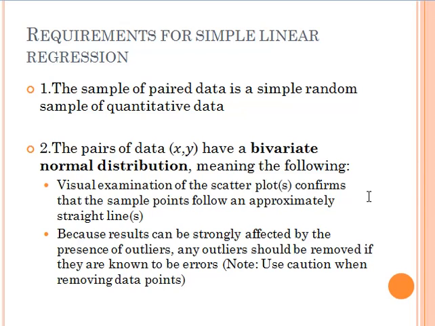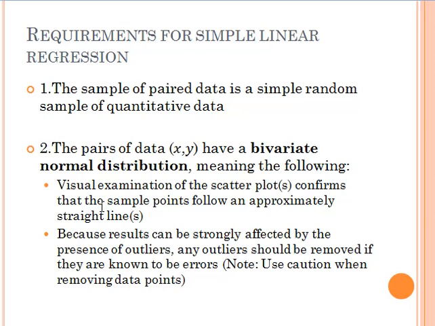Number one is that visual examination of scatter plots confirms that the sample points follow an approximately straight line. So if I look visually at the scatter plot of my data, it should confirm that all the sample points follow an approximate straight line, right?